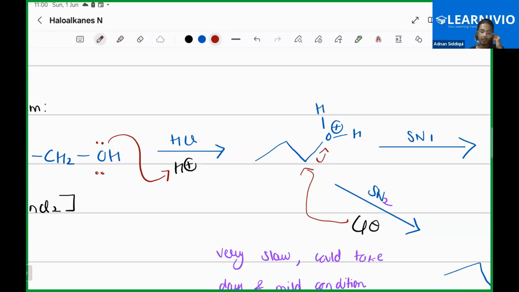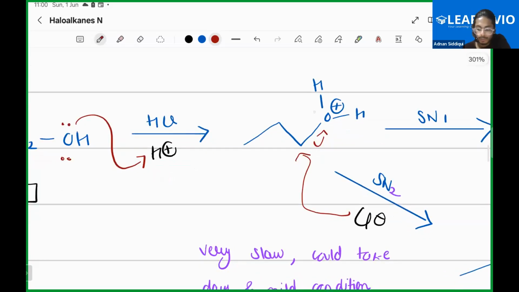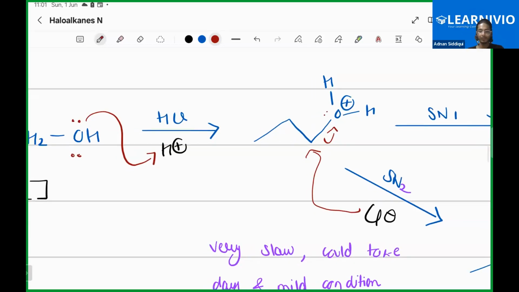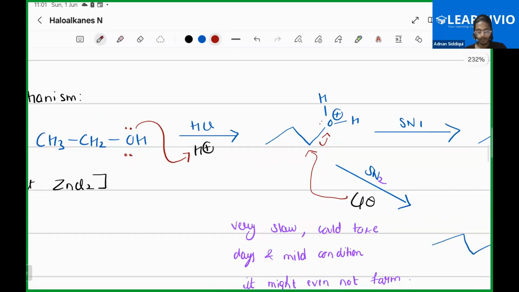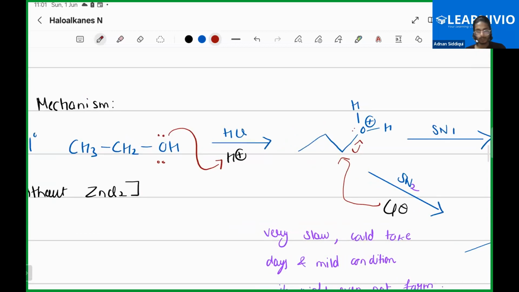To help this H positive, it is utilizing its own lone pair. Ideally, the oxygen should have two lone pairs, and now it has used one lone pair to bond.